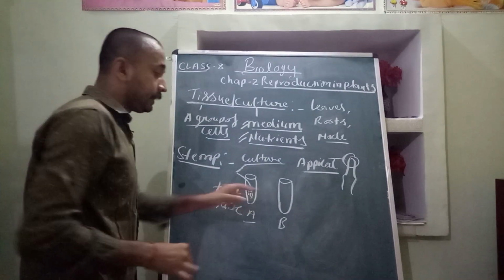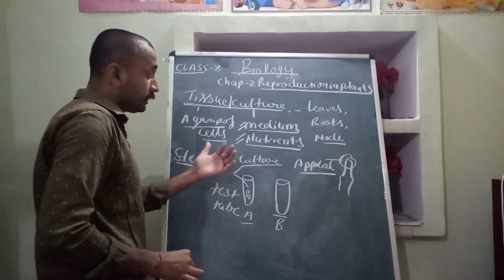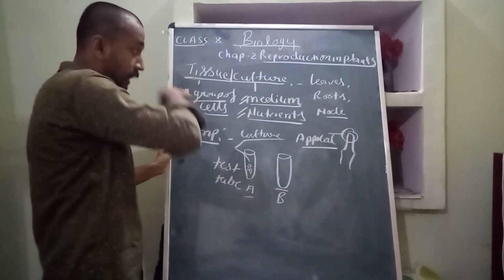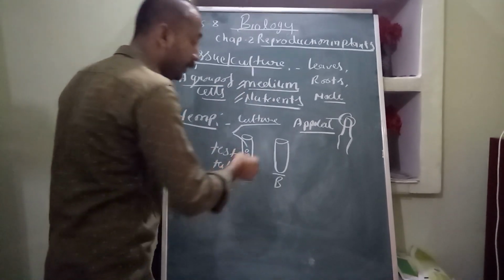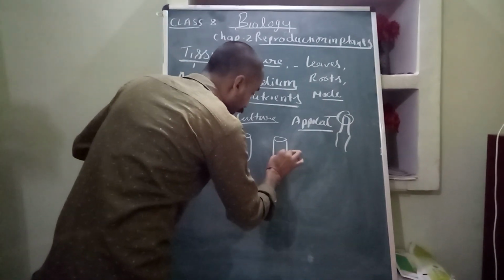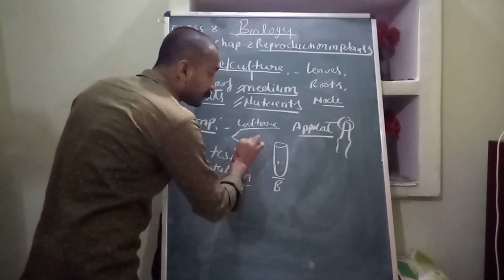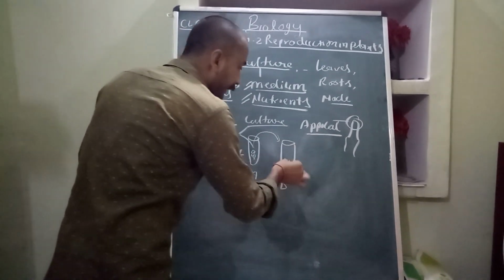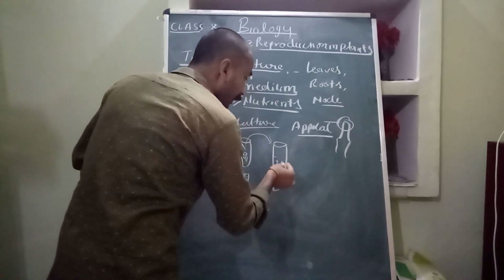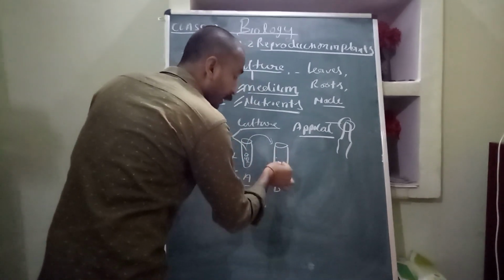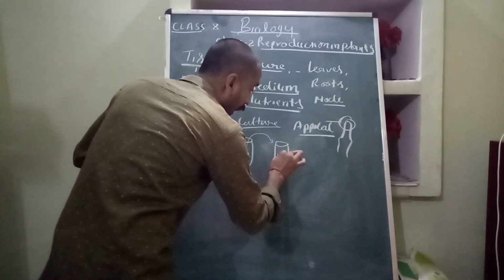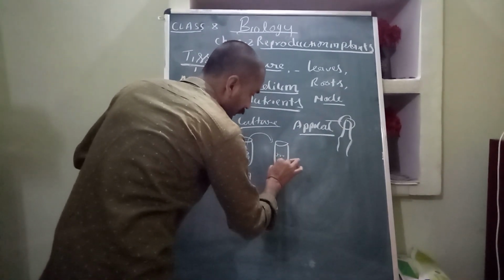Then second one is B. This test tube contains another medium, a culture medium for the growing of plants, and then these pieces are put into this medium, and the growing parts convert into undifferentiated parts.